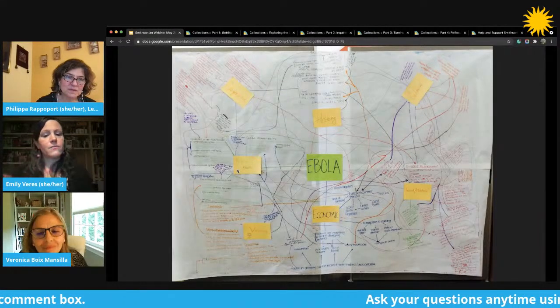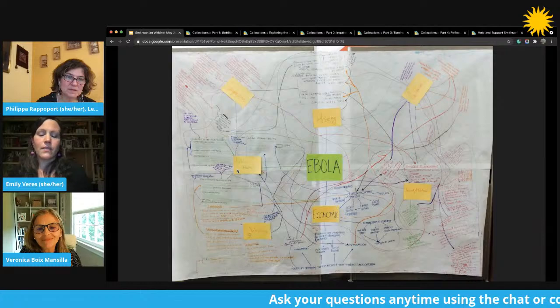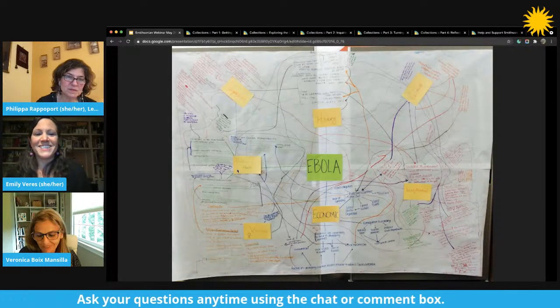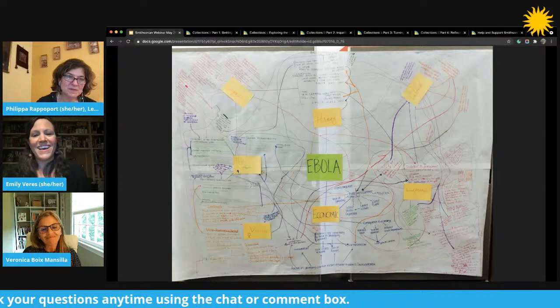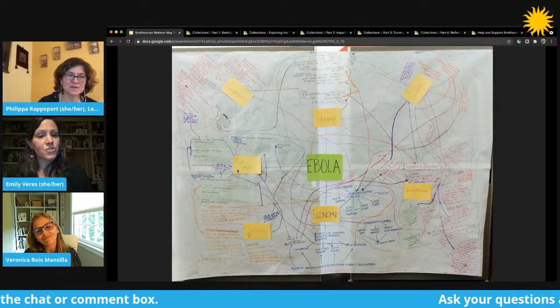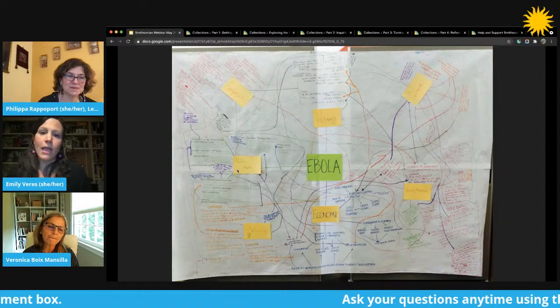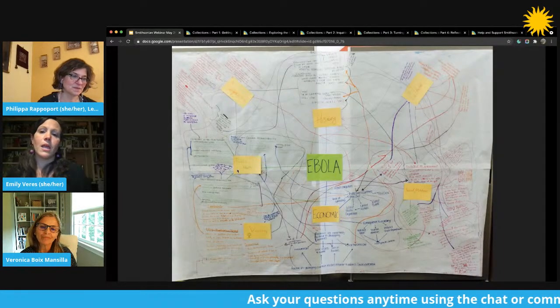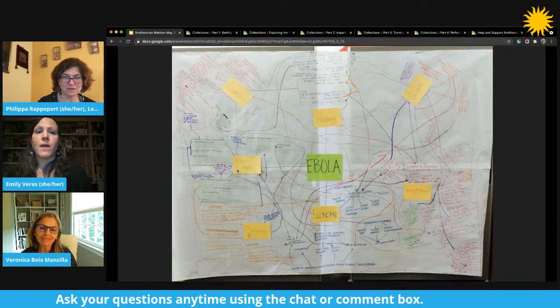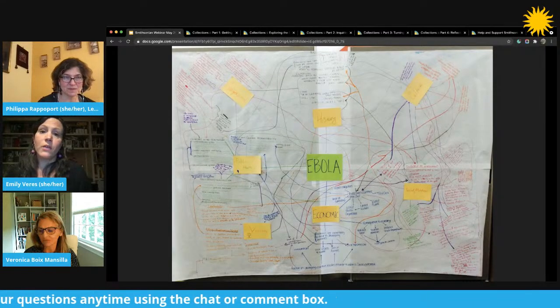There are two slides. The first one is Ebola. And again, this was done a couple years ago. And the students, you can see a similar map. And they decided to explore culture in terms of burial rites and language barriers to communicating, some of the ways that Ebola is spread, as well as more women than men were dying of Ebola.